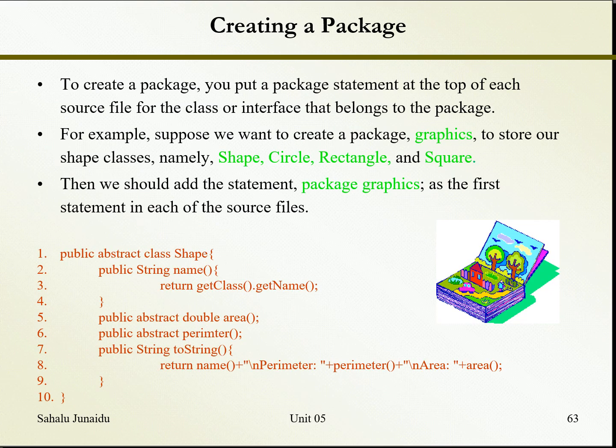So the package statement, we said, always appears on the very top. If you have it on the very top, like in this shape example, we can have a package graphics. That means whenever we write a program and we specify the package, if you check very well, you discover that the name of that package is the name of a directory or folder that, when you compile, automatically appears in your program.